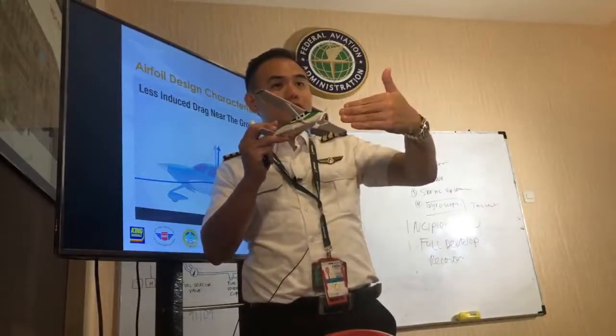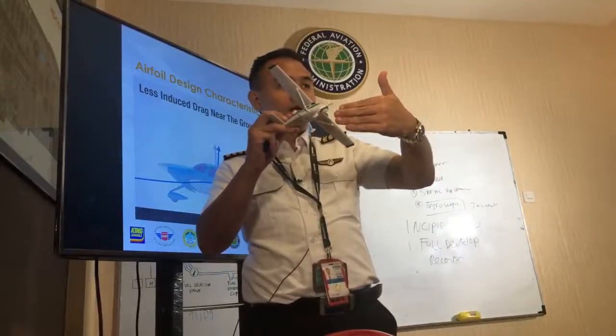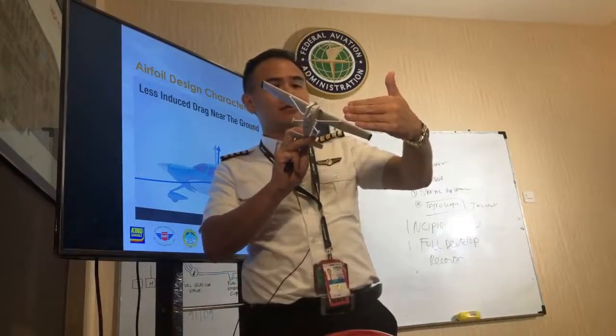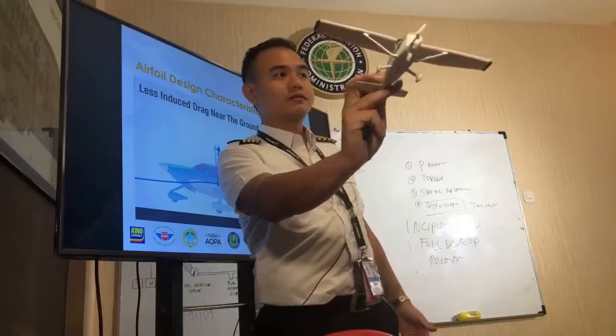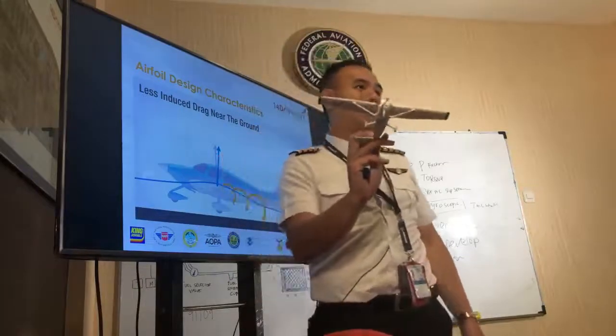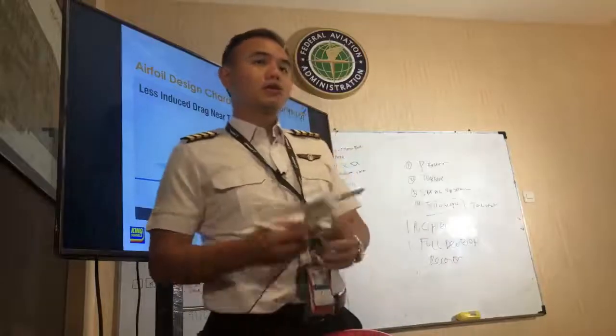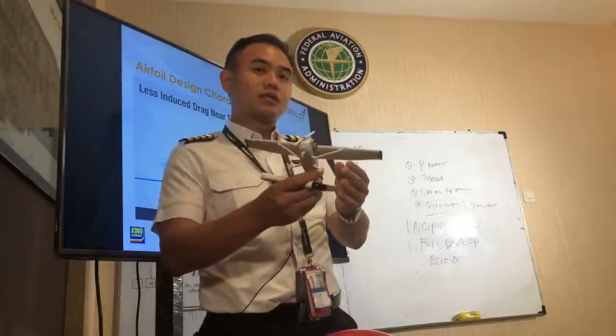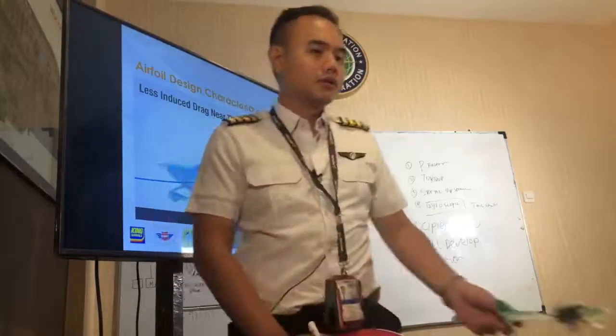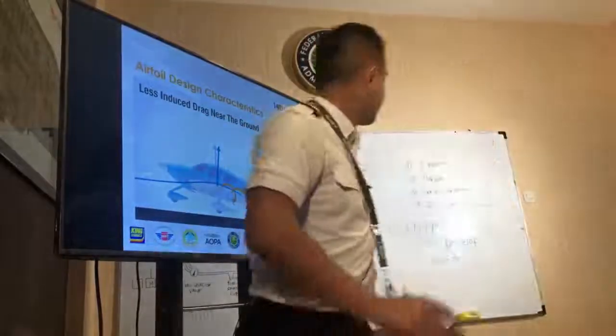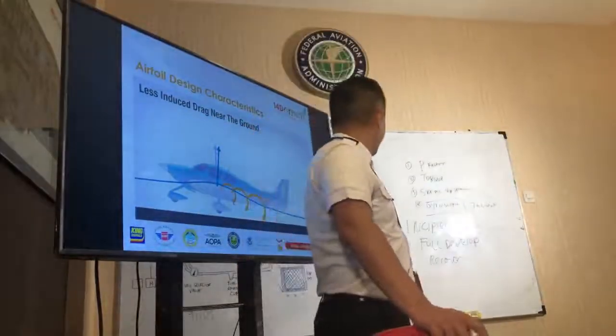So yoke into the wind and opposite rudder. That's how you fly. It's a side slip. Yoke into the wind, rudder opposite. Well, that's the spin and left turning tendency done.